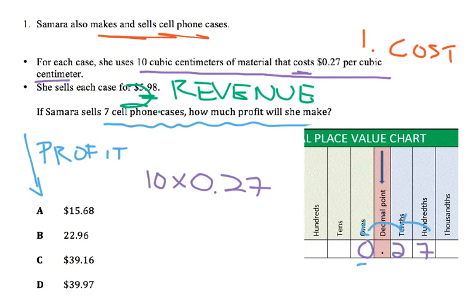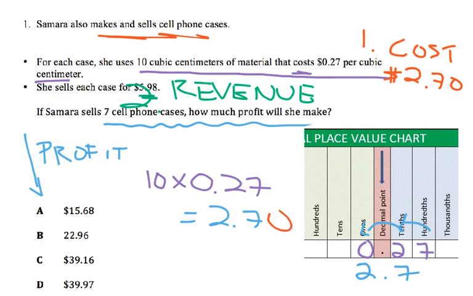So the 2 goes over to the ones place, and the 7 goes over into the tens place. And that's the answer, 2.7. So the first part, her cost, is 2.7, and that is like $2.70.